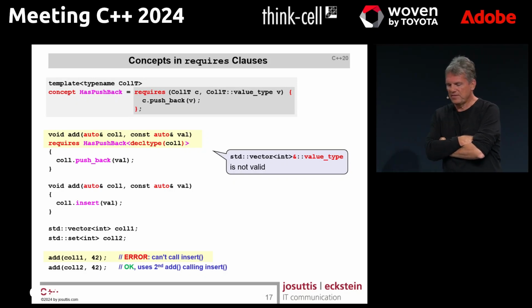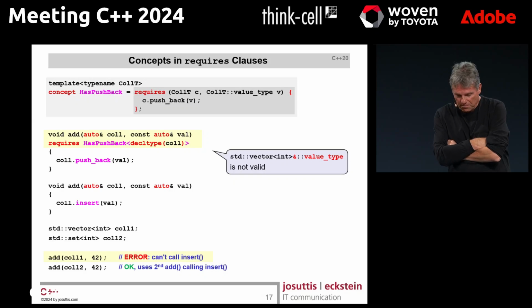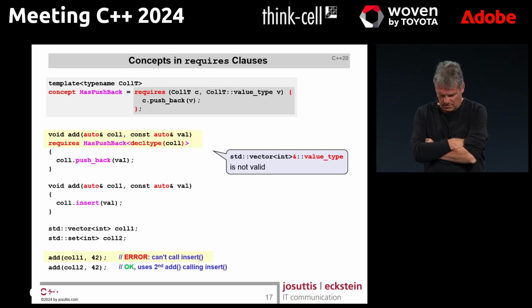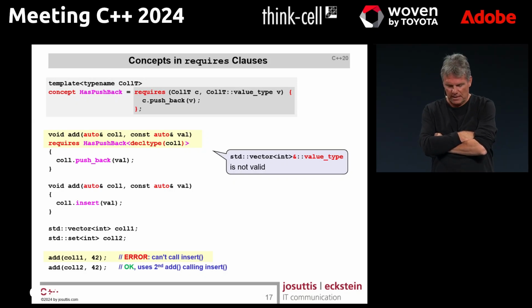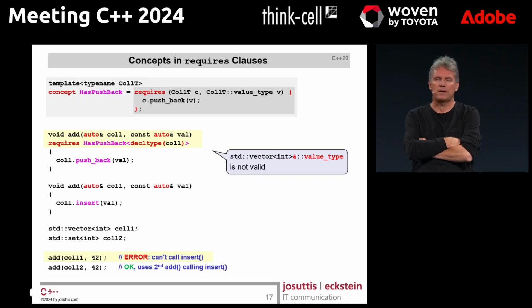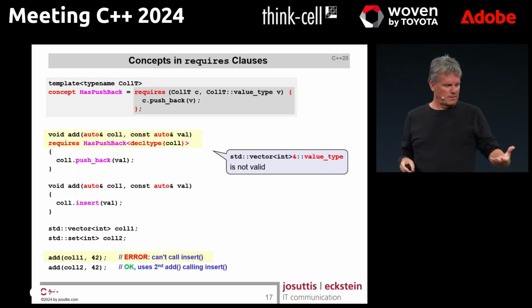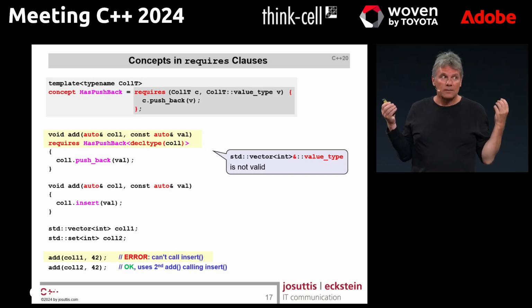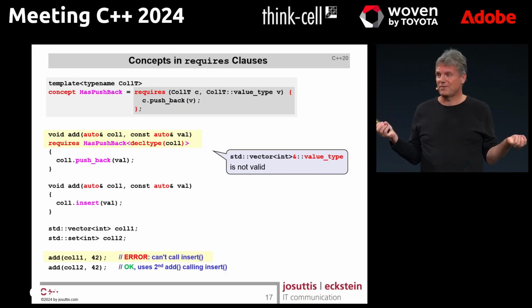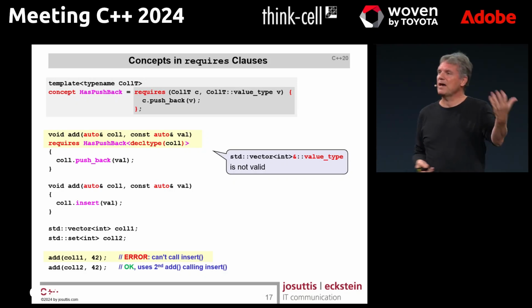You, in this example, try to compile or check whether it's valid that you can have a value type for a reference to a vector of int, which is not valid. So you don't get an error message, it's just not valid. Your concept is not satisfied. So that concept is not used, so the other add is used.